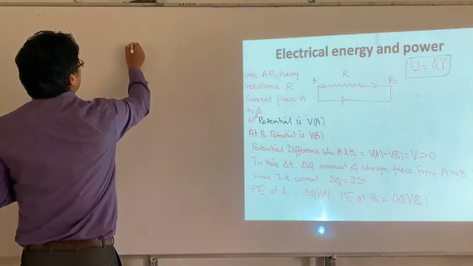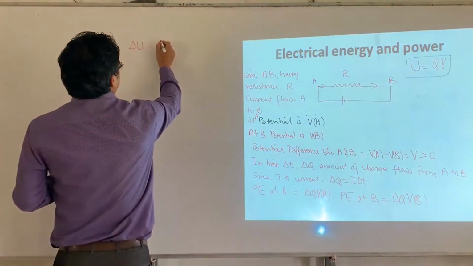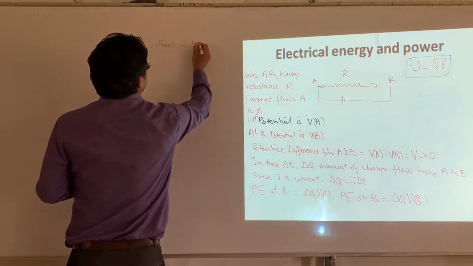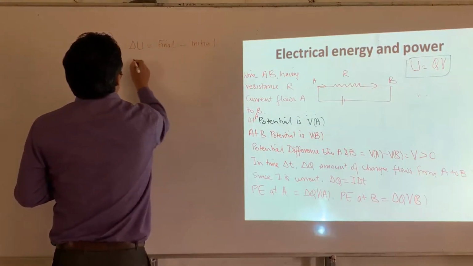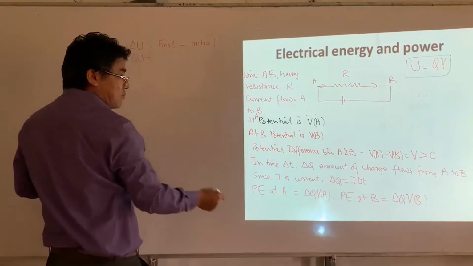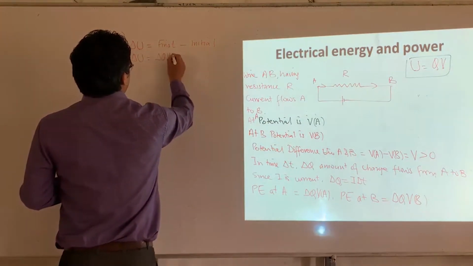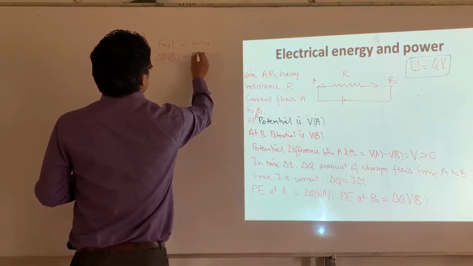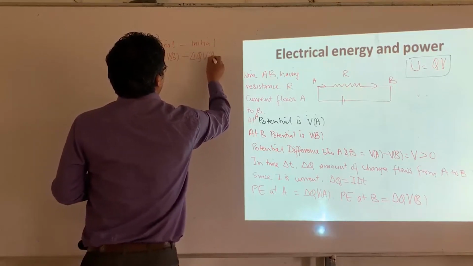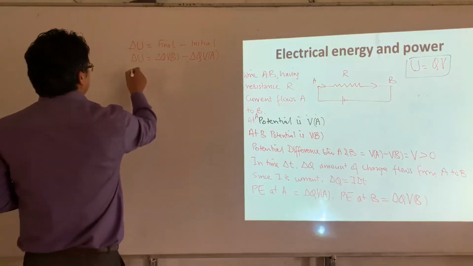Now the change in potential energy is final minus initial. The final is delta Q V of B minus delta Q V of A. V of A is higher potential and V of B is lower potential.